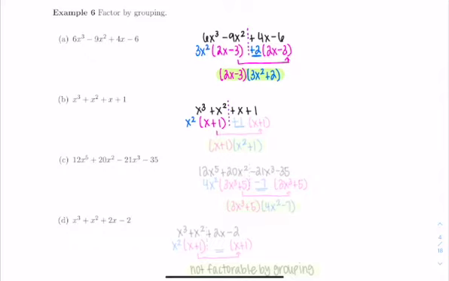I again want to copy and paste my x plus 1 to the other side because it won't work without that. And then I figure out what goes out front. Now x plus 1 is the exact same thing as what's on the right hand side of our dotted line. So we would just be putting a plus 1 because when I distribute that, I get the same answer. So I have my x plus 1 in common. And then whatever's left over, x squared plus 1, goes in the other set.